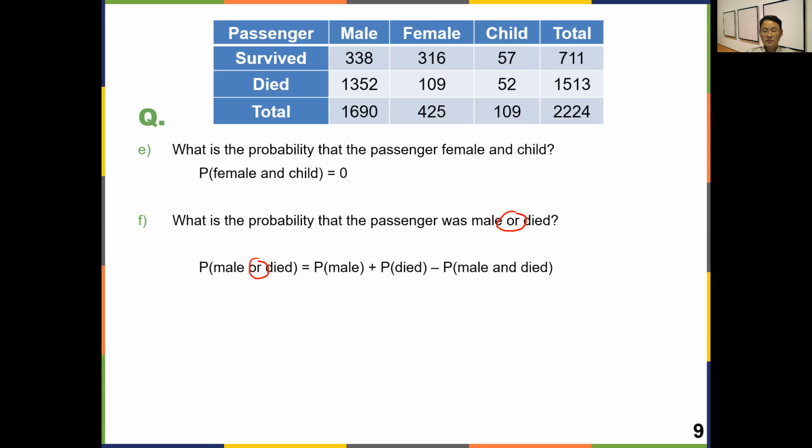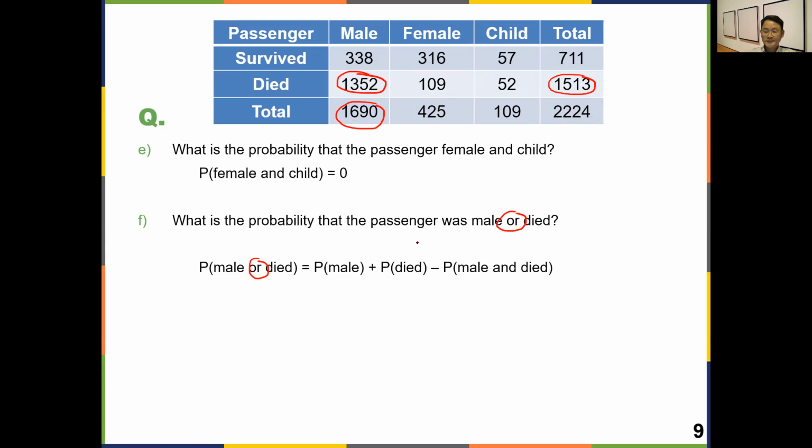Okay, so write it down. Probability of male. How many of them are male altogether? Number who died altogether. Probability of male and die, right there.